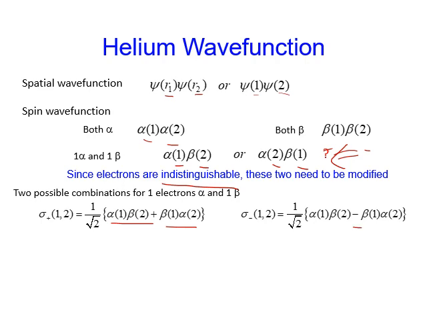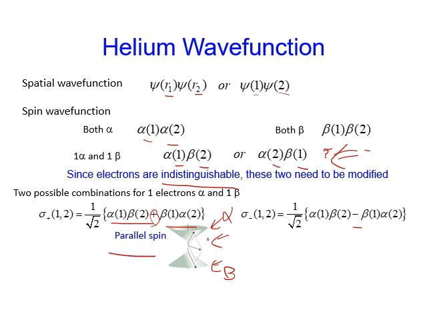Now, we can also write it with a negative sign: alpha 1 beta 2 minus beta 1 alpha 2. The reason is that the wave function itself does not have meaning. It's the square that tells you the probability. So when you square it, the negative sign becomes positive, and these two are both possible. The first one can be represented by this diagram, which means 1 electron in the alpha state, 1 in the beta state, and because they have a positive sign, they do not cancel each other.